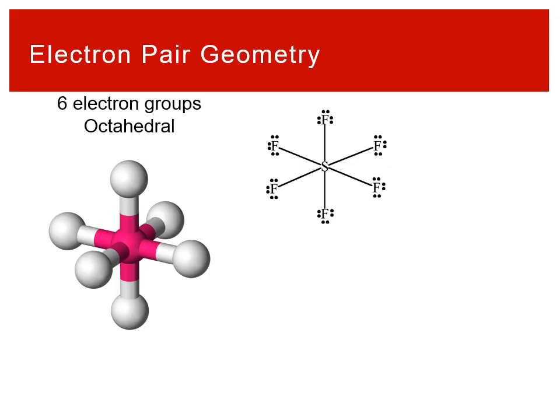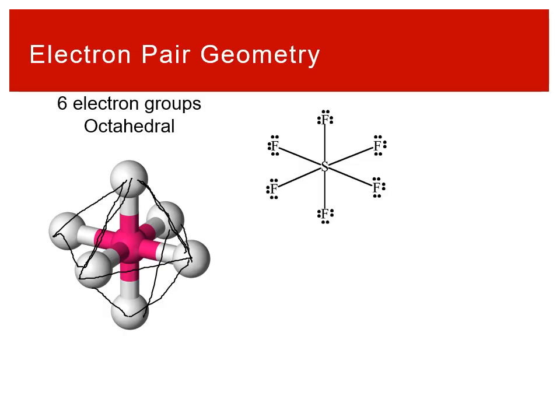If you have 6 groups, that's called octahedral. This is similar to tetrahedral. It's the name of the shape. Let's see if I can trace it out. You have a bunch of triangular faces formed from all of these pairs. I'm going to try not to butcher it too badly, but that is an octahedral shape. It's a 3-dimensional shape, similar to a tetrahedron.